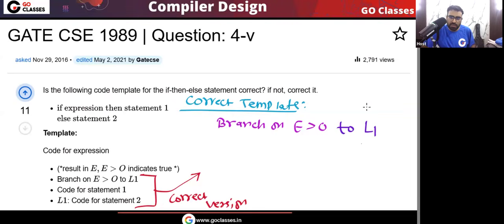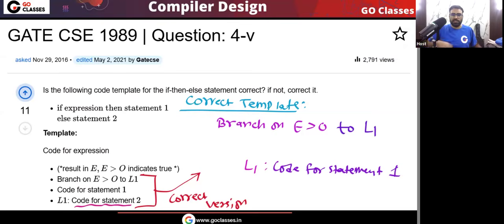So please understand, at this level L1, we need to put the code for statement 1, not the code for statement 2. Code for statement 2 is actually wrong. We should put code for statement 1.